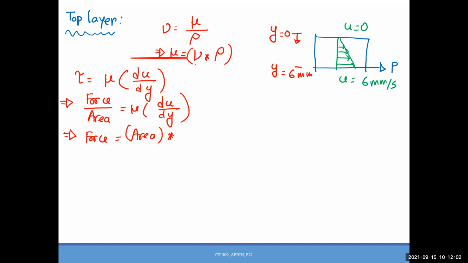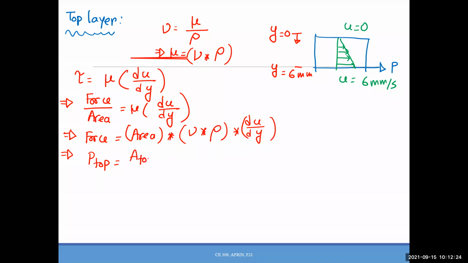So that's what I will just write here, times du over dy. Okay. Since this time we are only working with the top layer, I will write down force equals P top, A top.